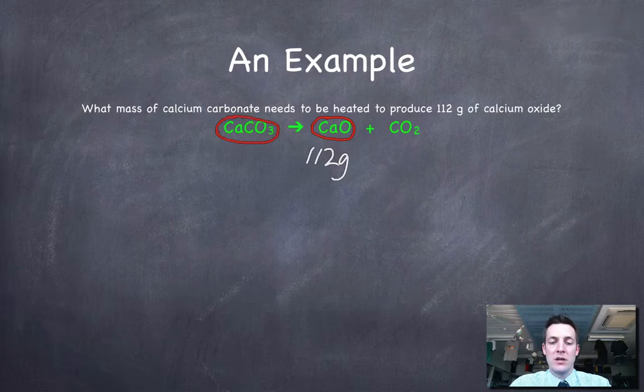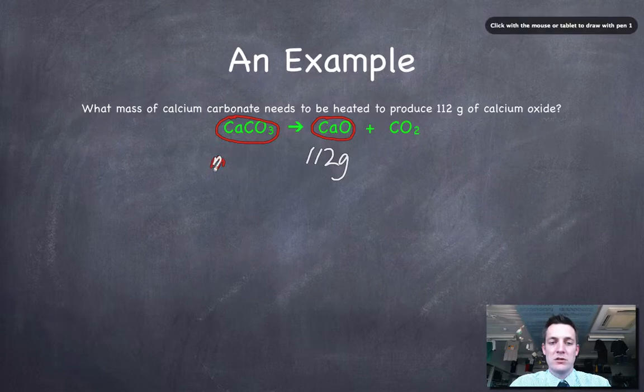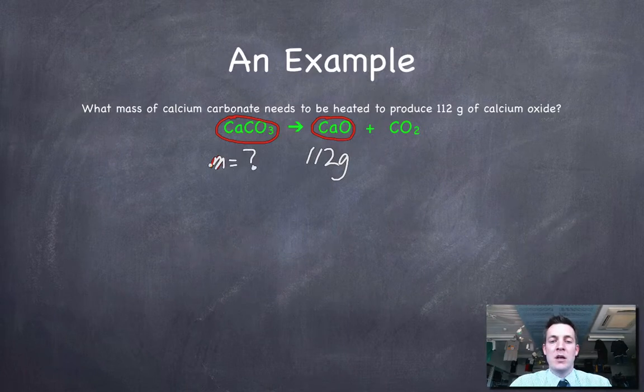I'm being asked to find the mass of calcium carbonate here. Now, the mass of something is equal to the number of moles times the molar mass. But I don't know the number of moles of calcium carbonate.